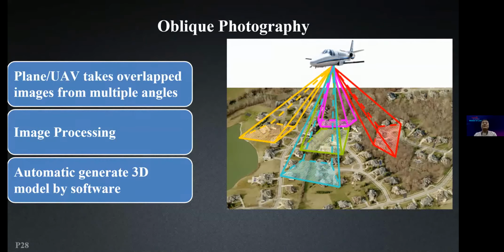We just need to deploy the oblique camera on the UAV, and the UAV flies around to take pictures of this area. For one single object, there will be multiple photos from different angles. Then we can use software to create the 3D model directly.